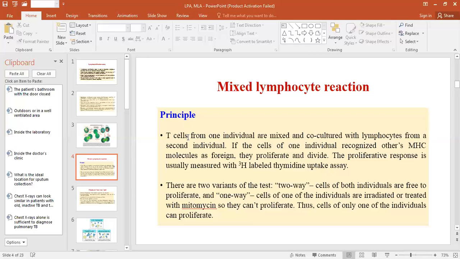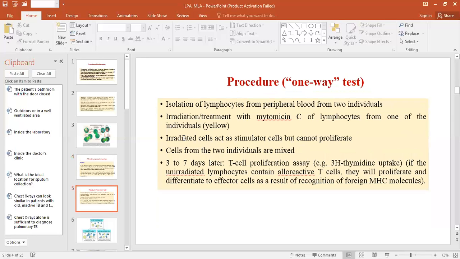The cells of only one of the individuals can proliferate. So there are two variants of the test. Here we are going to discuss the one-way test.